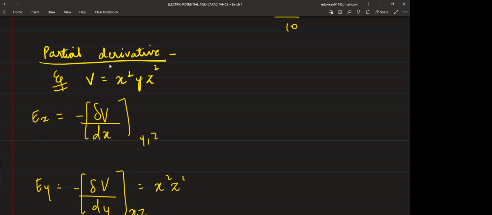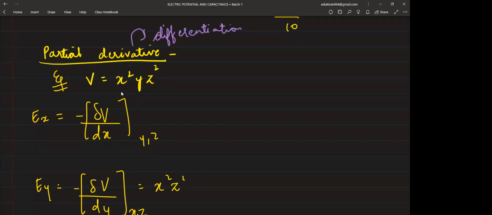Now, whenever you have the equation, E x, when you are differentiating it, what's the difference between a partial derivation and a normal derivation? Partial derivation is basically differentiation only. So V is equal to x square y z square.